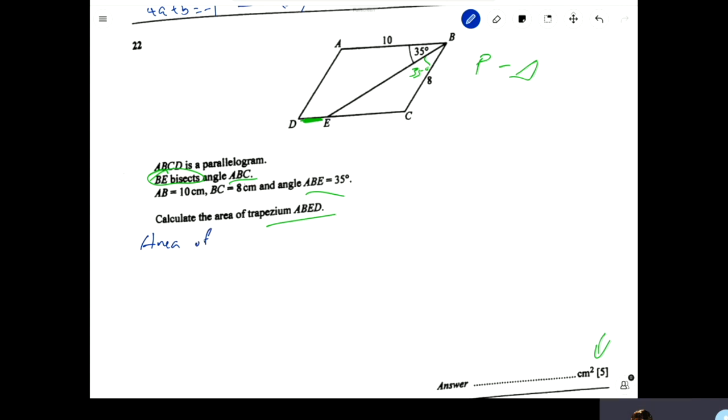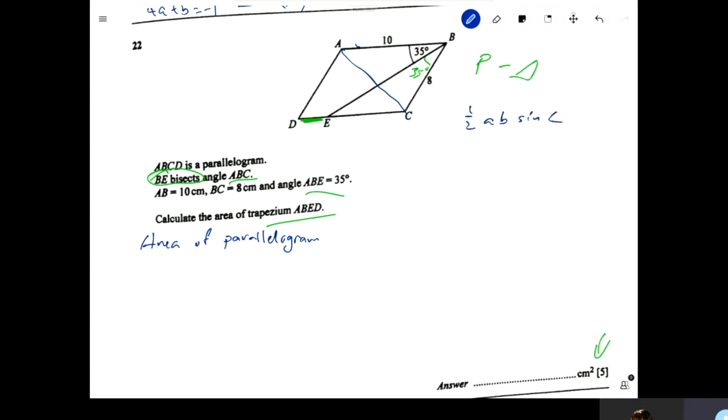Area of parallelogram. Now if I divide this thing into two, how do I find the area of the triangle? Half AB sine C, right? Yeah.